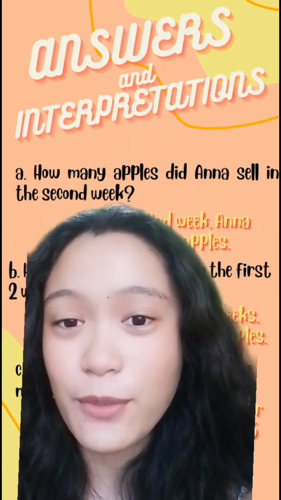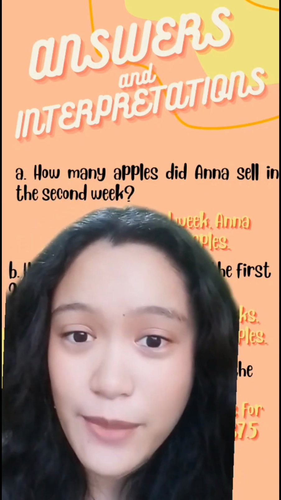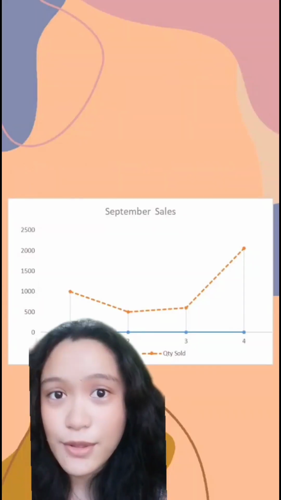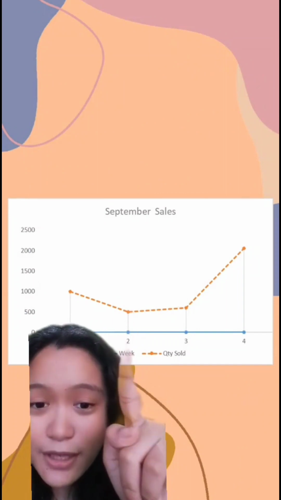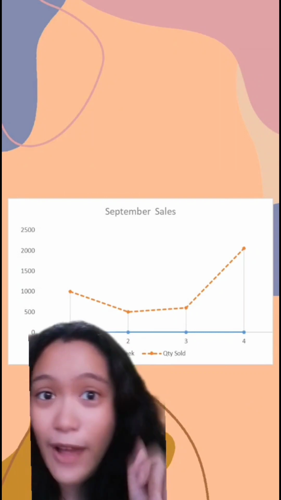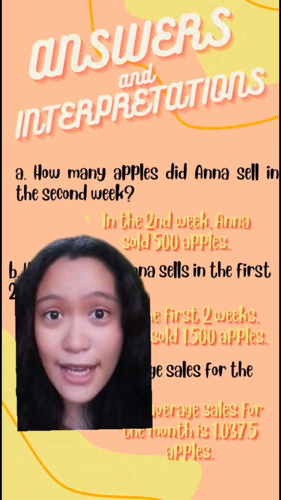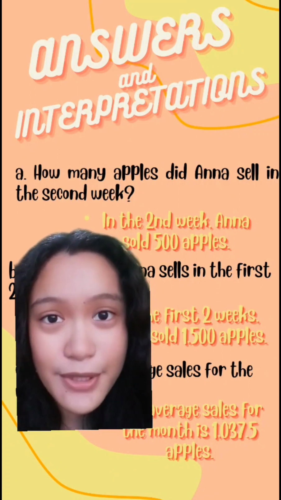For the first question, how many apples did Anna sell in the second week? Looking at the graph for the second week, we see that she sold 500 apples. Therefore, in the second week, Anna sold 500 apples.